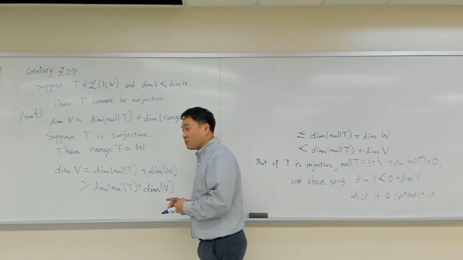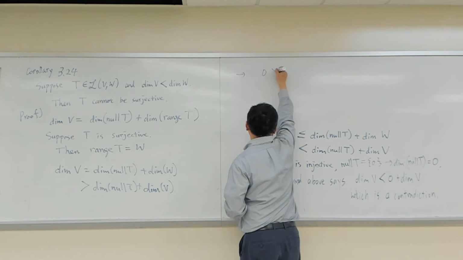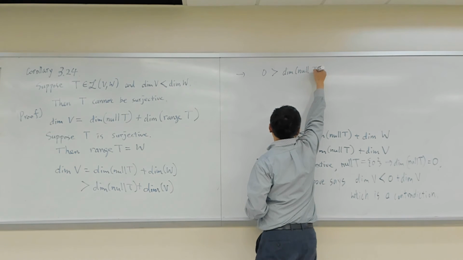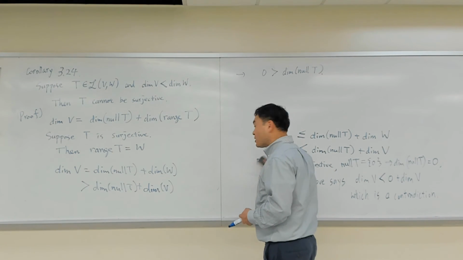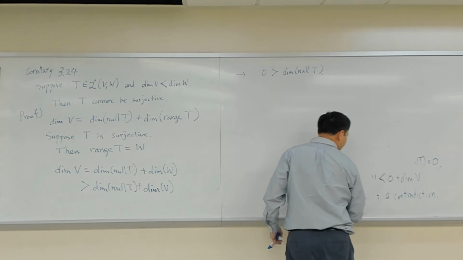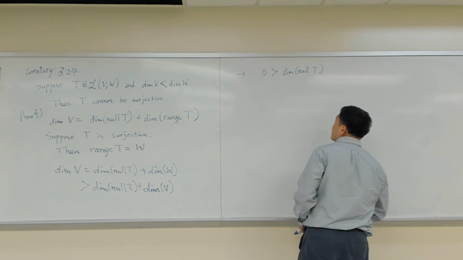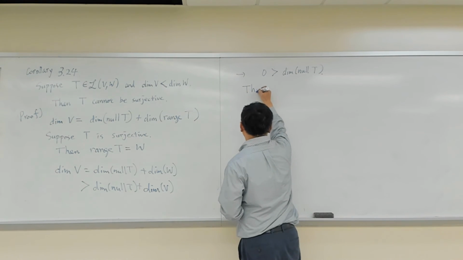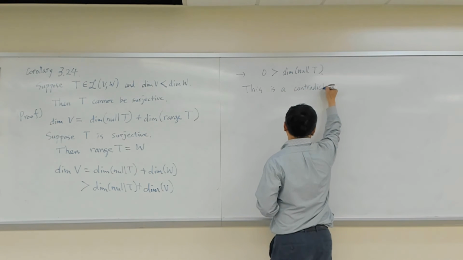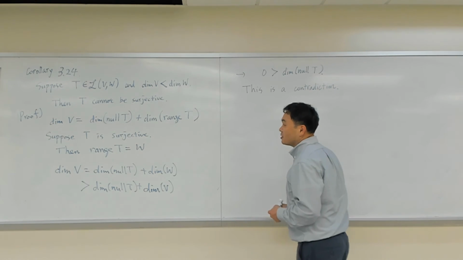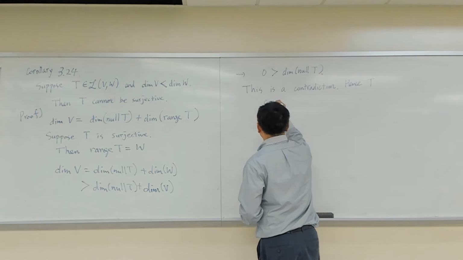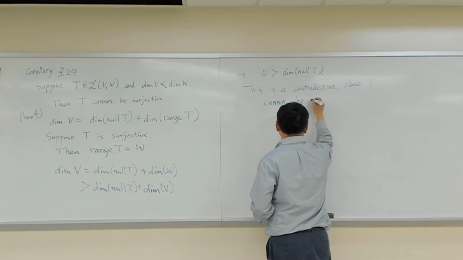If I subtract the dimension of V from both sides, then we get 0 is bigger than the dimension of the null of T. Is that possible? No. Vector spaces can only have non-negative dimension, right? So this is a contradiction. Okay? Hence, T cannot be surjective.